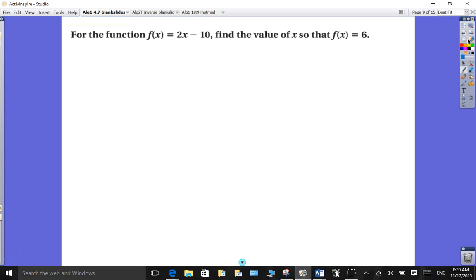So what they're telling you is, in place of the f of x, put a 6. So now it's 6 equals 2x minus 10.